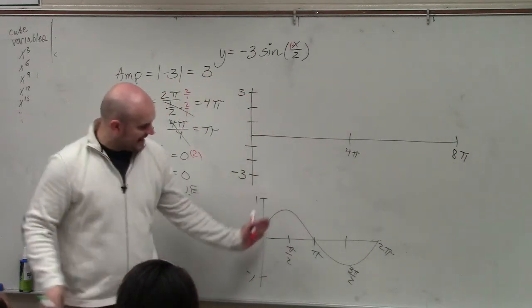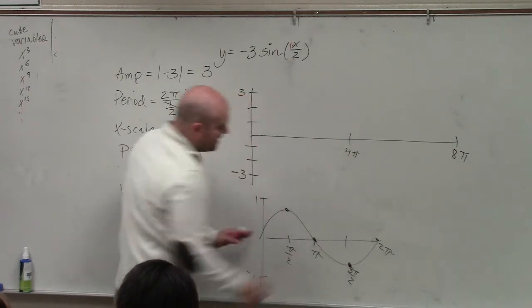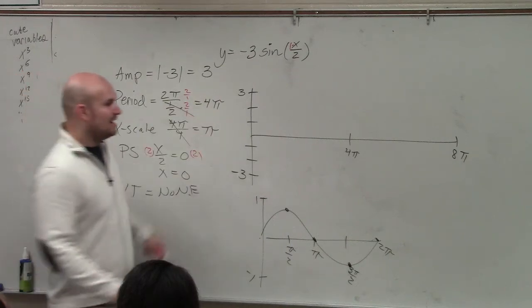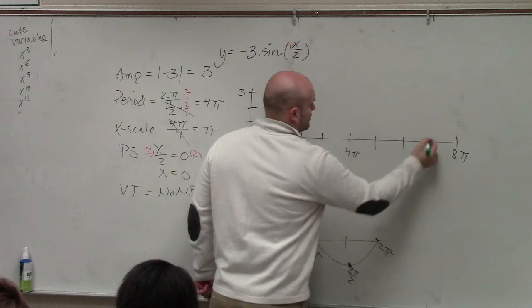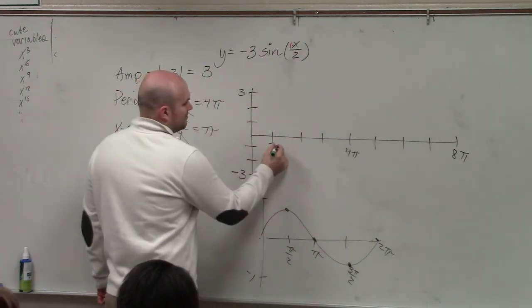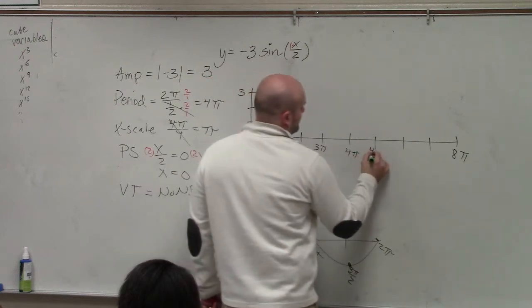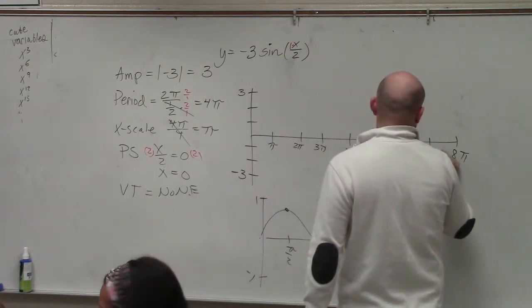Instead of the scaling between each and every important point, here it's pi halves. This one has an x scale of pi. So pi, 2 pi, 3 pi, 4 pi, 5 pi, 6 pi.